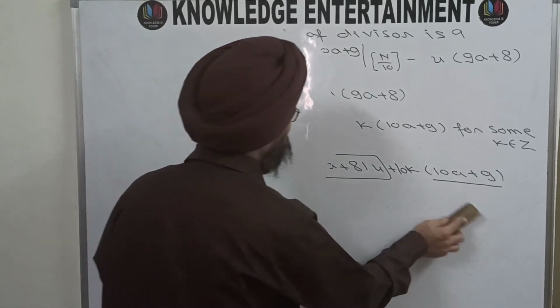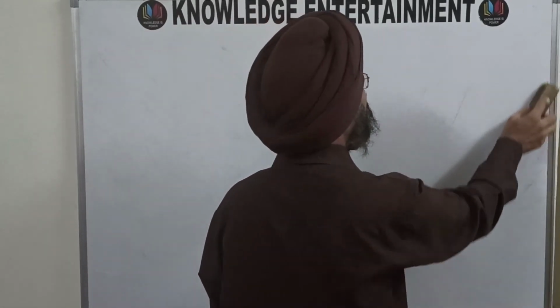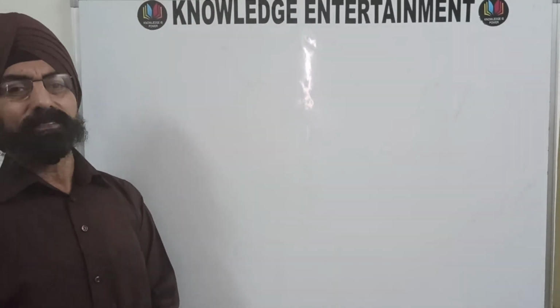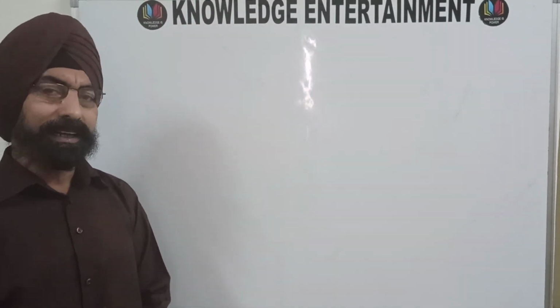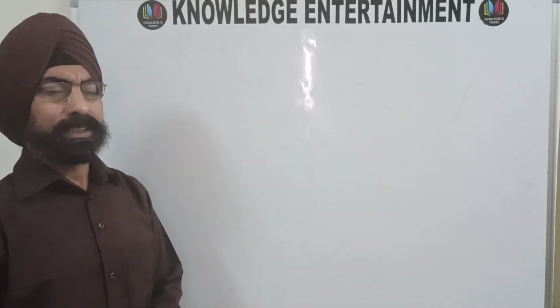So let us see a divisor. Now what type of divisors are there? These are 19, 29, 39, 49, 59, 69, 79, 89 and 99. So we will check divisibility by any of these two-digit numbers.